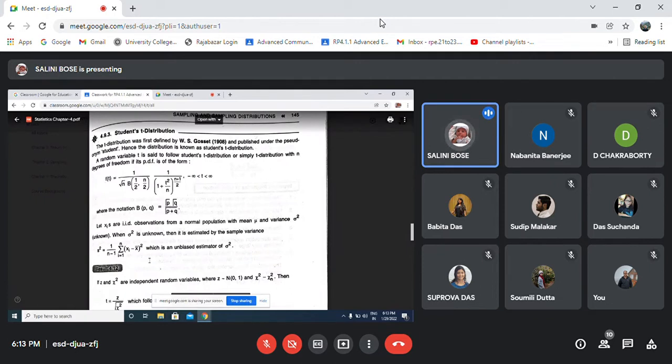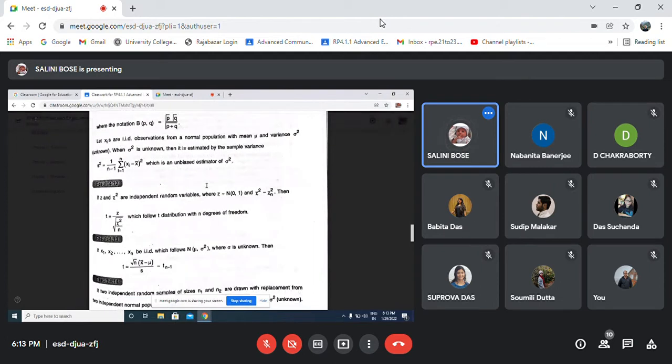And the sample variance s squared is equal to the summation of (xi minus x bar) whole square times 1 by (n minus 1). For the sample variance, the degrees of freedom always decrease by one unit, and it estimates sigma square, the population variance. So this is the t distribution.